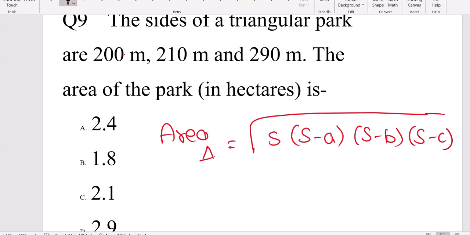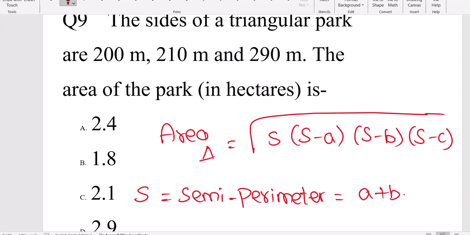What is s? Semi-perimeter. Perimeter means the sum of all sides. Semi-perimeter means the sum of all sides divided by 2. You know ABC? Okay, you do it now.